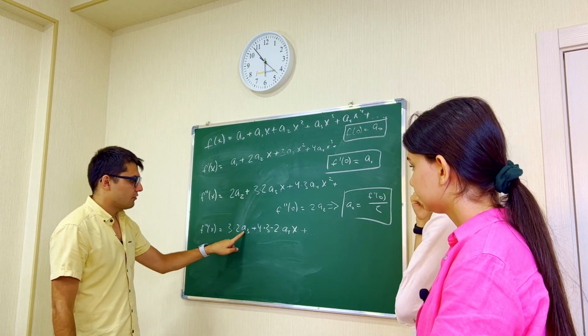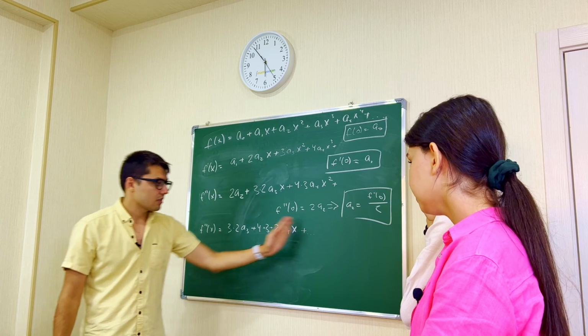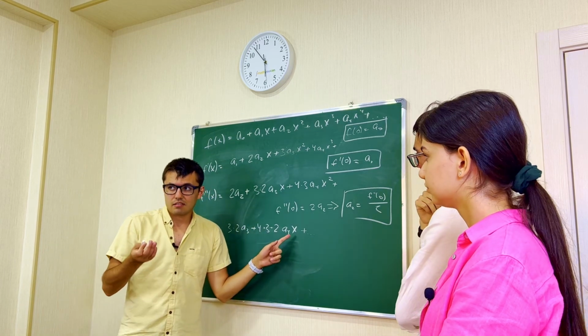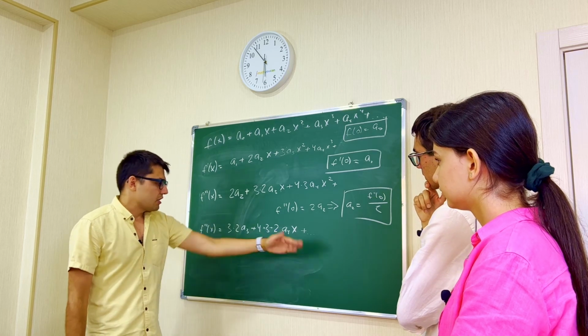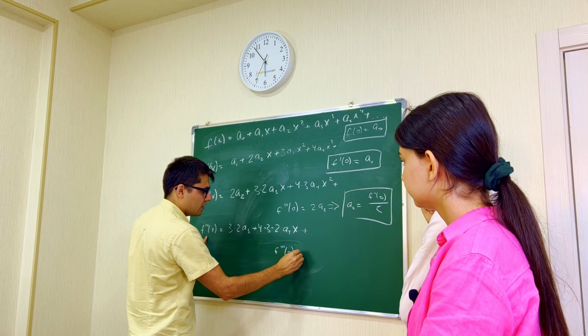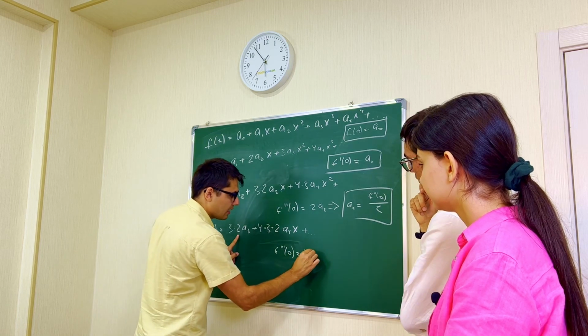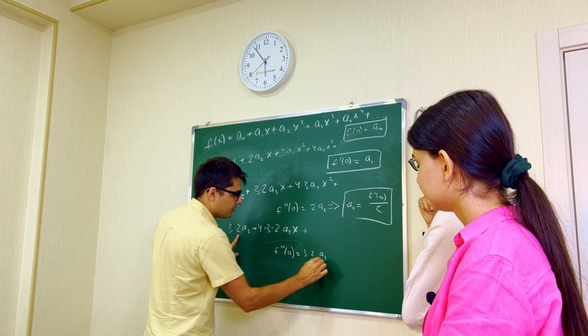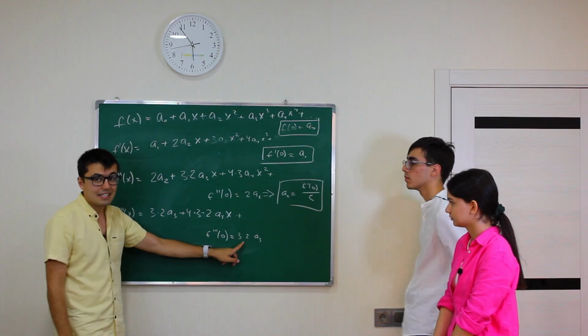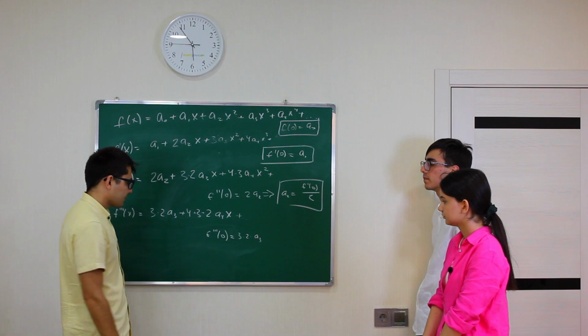How to find the coefficient A3? Just plug in 0, so that all this stuff, which contains x, will disappear. So the third derivative at 0 is 3 times 2 times A3. And there is a reason why I don't multiply this, why I don't write 6, but write 3 times 2.